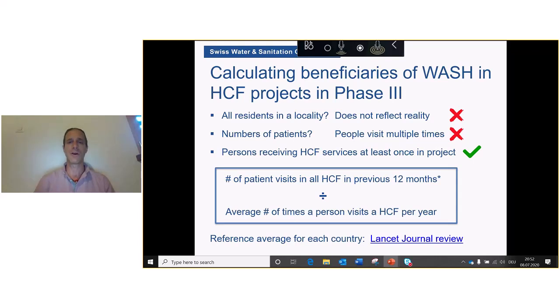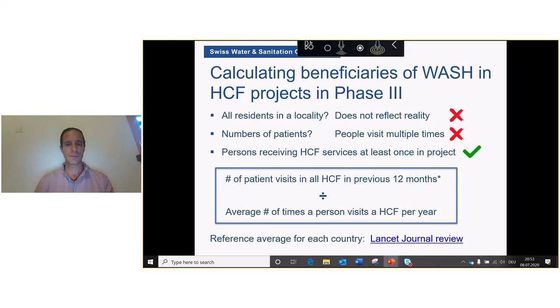And you add all of the different healthcare facilities for those 12 months and you come out with a large number, the total number of patients in the previous 12 months, or it could also be in the previous calendar year, that have received treatment, and you divide it by a factor. And this factor is provided by a scientific journal article in the Lancet, a journal review. And the factor varies by country, but it's basically saying the average number of times a person who does seek treatment will do that in a given year in a given location.